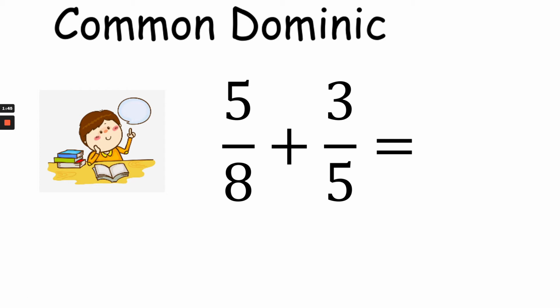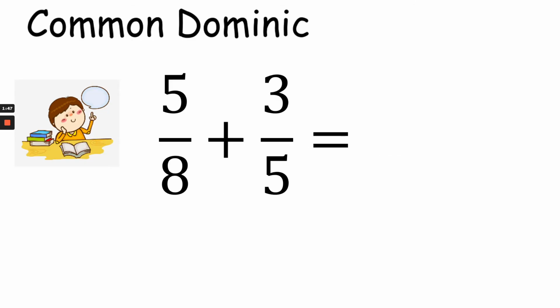Okay, let's have a look at this. I'm going to use the common denominator 40. 8 converted to 40 by timesing it by 5. So I do the same to my numerator and times it by 5. I'm converting fifths into 40ths now by timesing it by 8, and I do the same to my numerator.